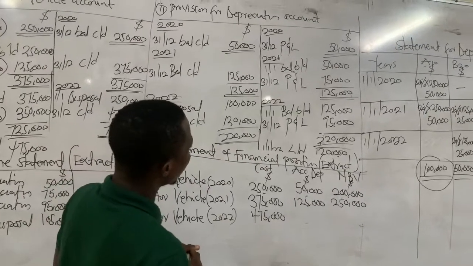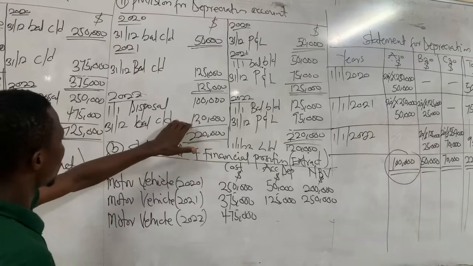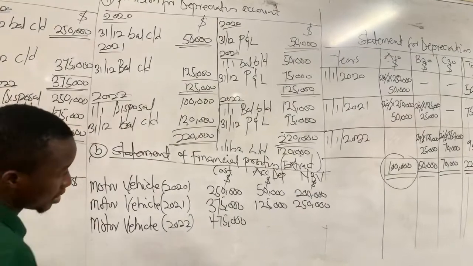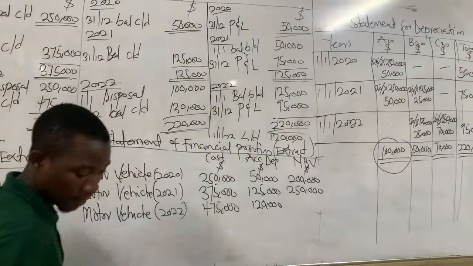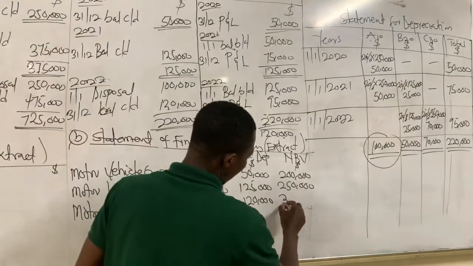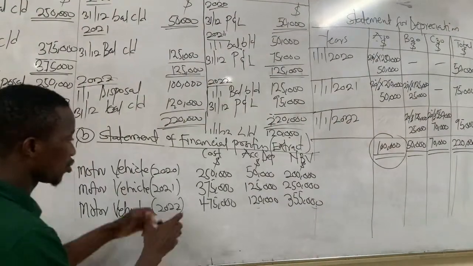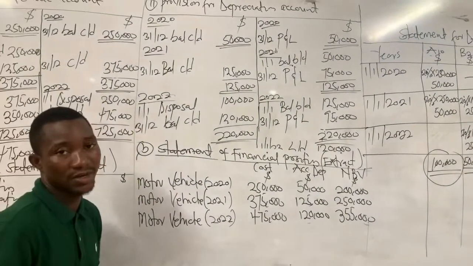And the current amount for 2022, this is 2022, the current amount is 120,000. We are considering the carrying amount, and this is going to give us 355,000. We are not going to do any addition or anything else because it is just an extract.